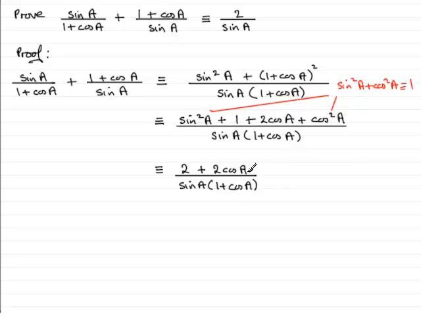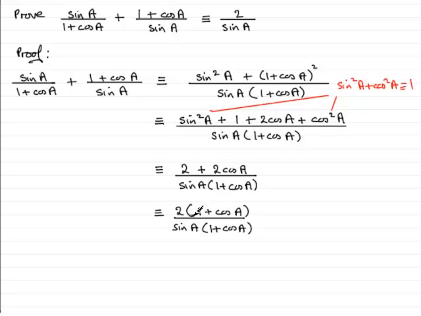Now, what are we going to do next? Well, I can see that 2 is a common factor on the top. So I can pull out 2 as a common factor, and we've got 1 plus cos A. And that's all divided by sine A multiplied by 1 plus cos A. And now we've got a common factor, both on the top and the bottom.